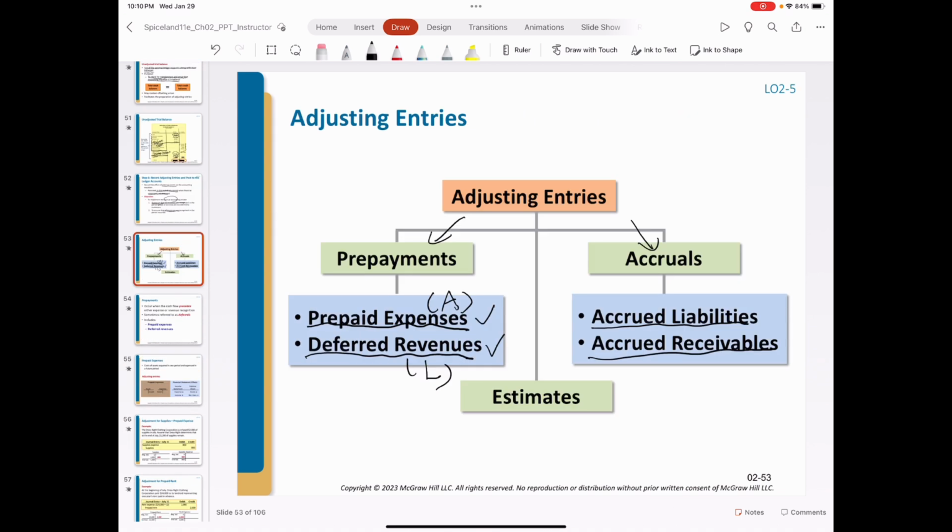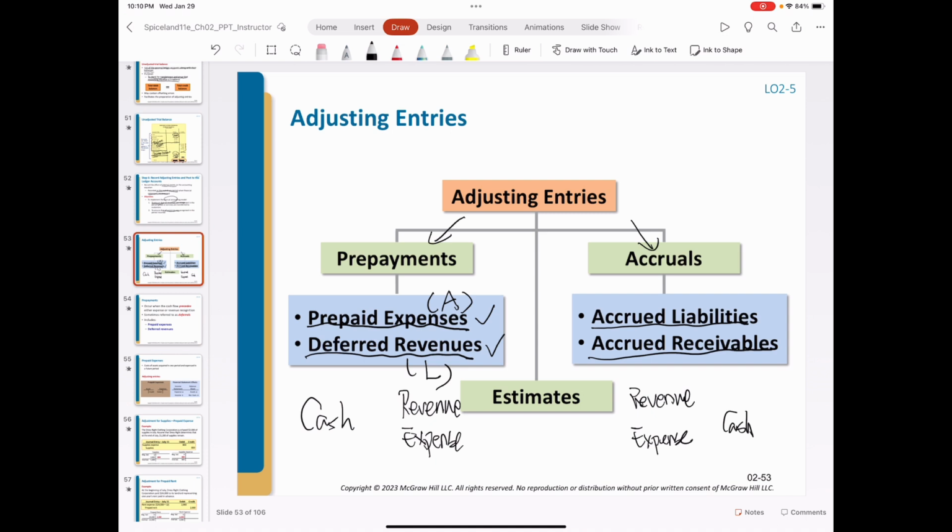With prepayments, no matter cash inflow or cash outflow, the cash comes before the revenue recognition and expense recognition. That's why we call it prepayments. While accrual is different. We recognize revenue before the company receives cash, or we recognize expense before the company pays the cash.